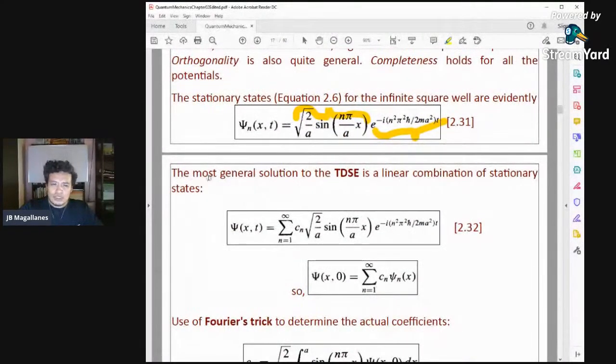So the most general solution to the time-dependent Schrodinger equation would be equal to this. If you set t equal to 0, what happens? e to the 0 would be equal to 1, so therefore psi of x, 0 is just this one.